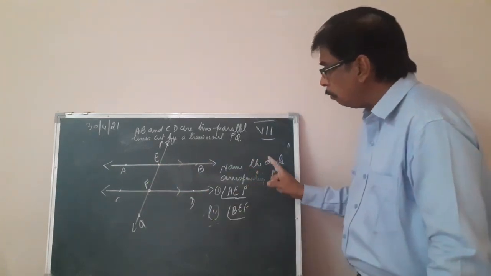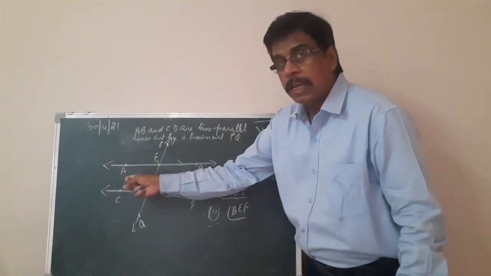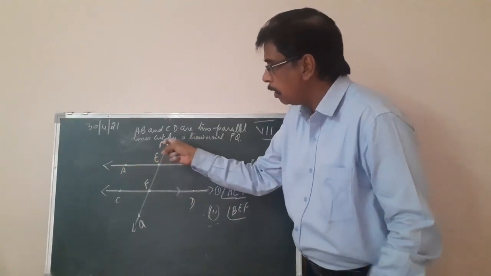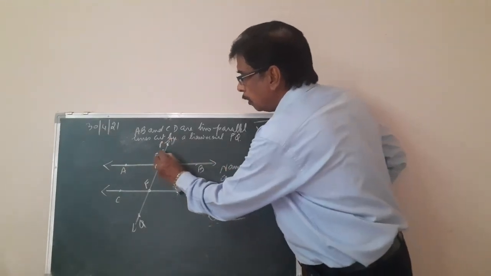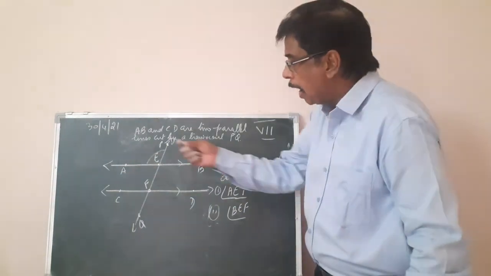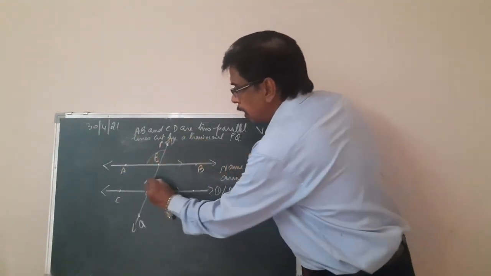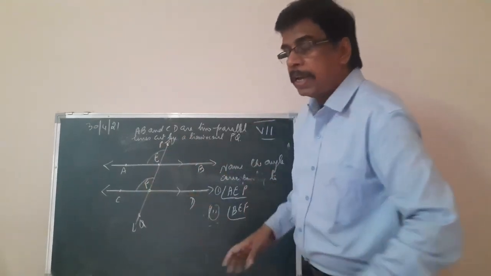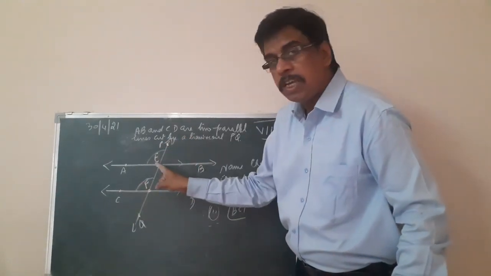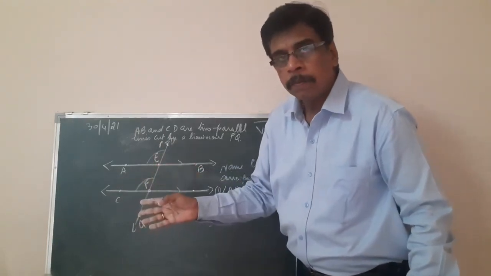The question is, name the angle corresponding to angle AEP. Now where is AEP? We are talking about this angle. Now the angle corresponding to AEP, we know corresponding to this angle is this angle. So we can name it as angle CFE or EFC, which mean the same thing.